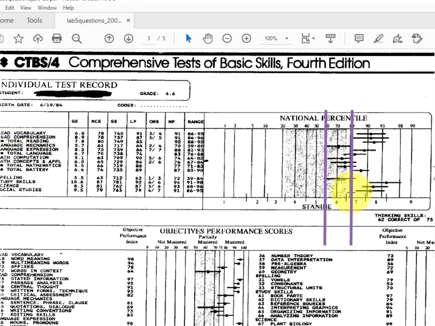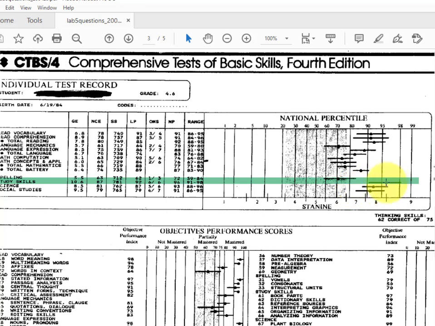This does not overlap with their social studies, right? Their highest is an 80 for language mechanics, and the lowest for social studies is an 86. Because there is no overlap, we can say that there is a distinguishable difference between the student's performance in language mechanics and social studies.